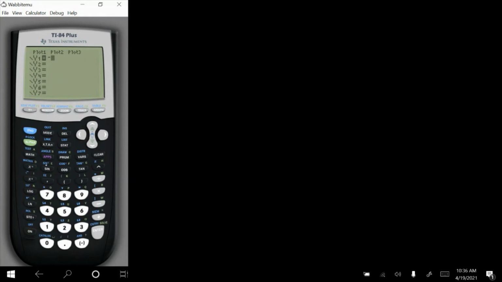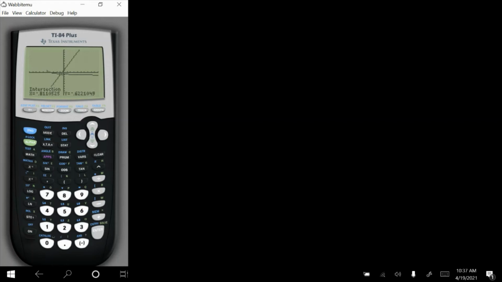Minus log x plus 5. Jump down to x plus 1. Do a zoom 6. There's y1. There's y2. All right, so second trace, option 5. Scooch to the point of intersection as close as you can. 1, 2, 3 on the enter key.